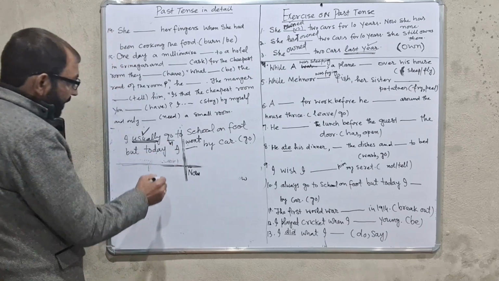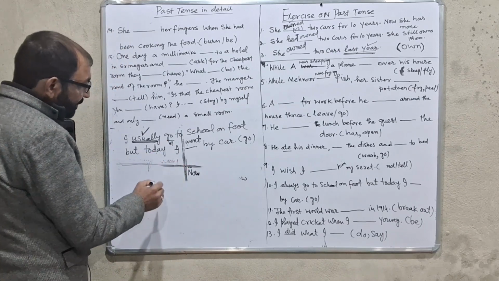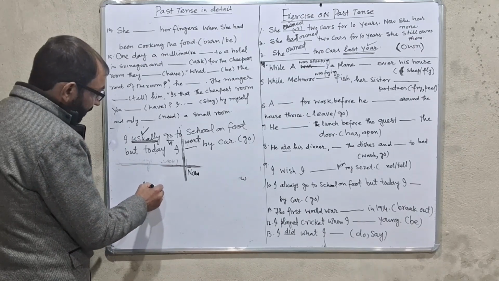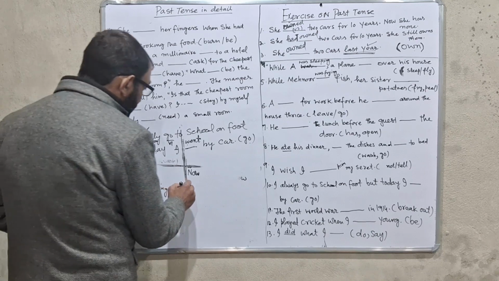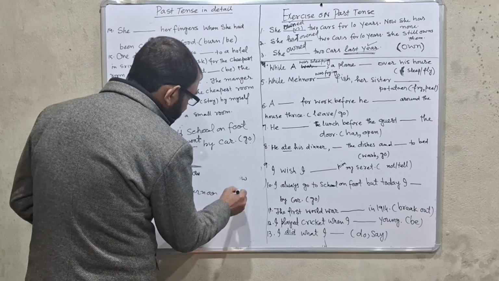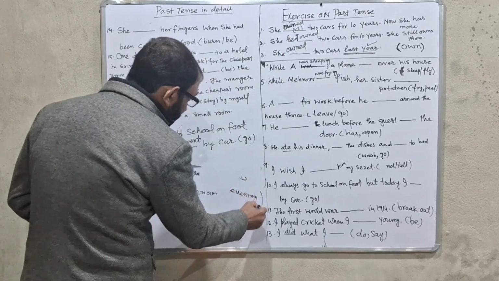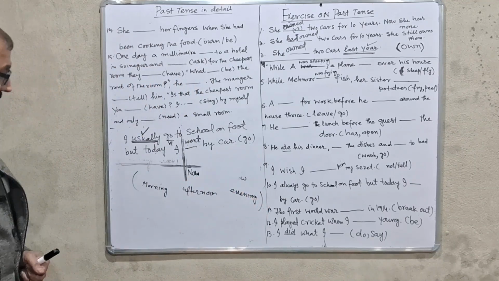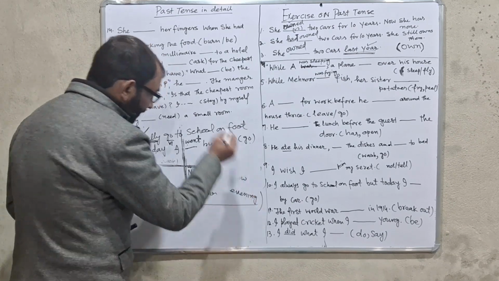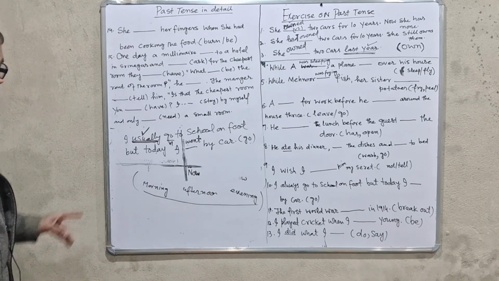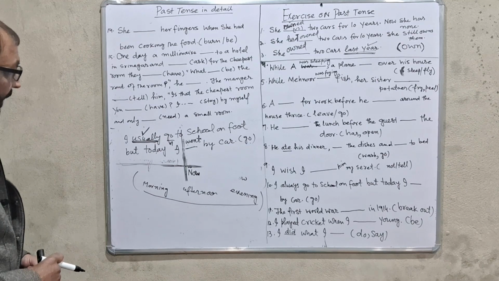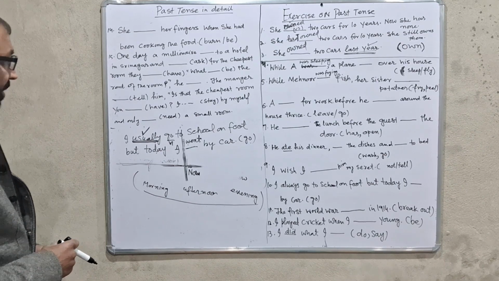For example, if I distribute today's time in periods: morning, afternoon, evening. Morning, afternoon, evening, representing today. I usually go to school on foot, but today I dash by car.